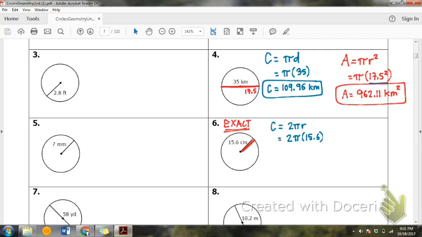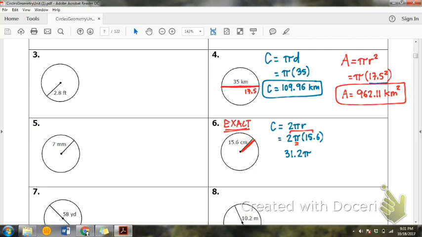When it says exact, that means we're going to leave pi as part of our answer. So all I need to do is 2 times 15.6. That gives me 31.2 pi.